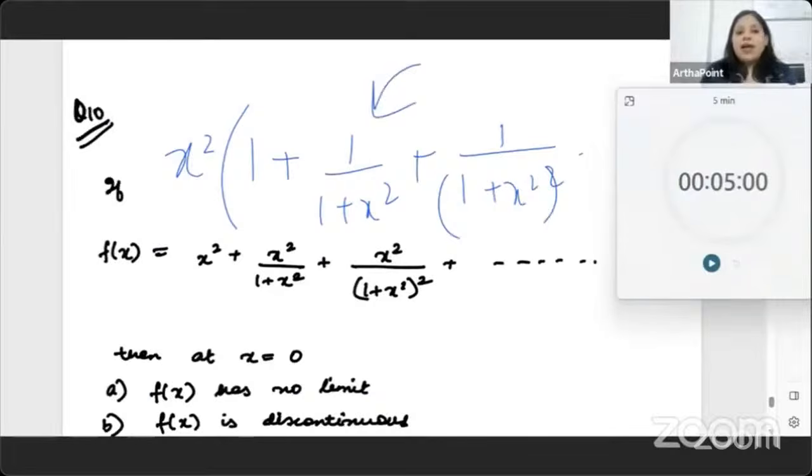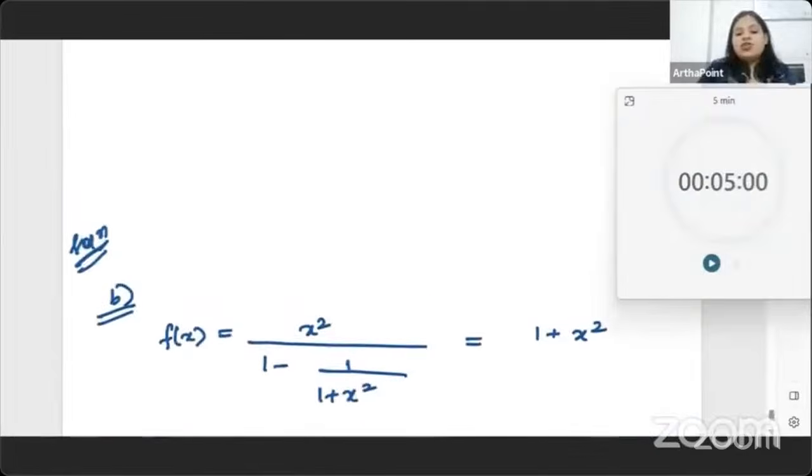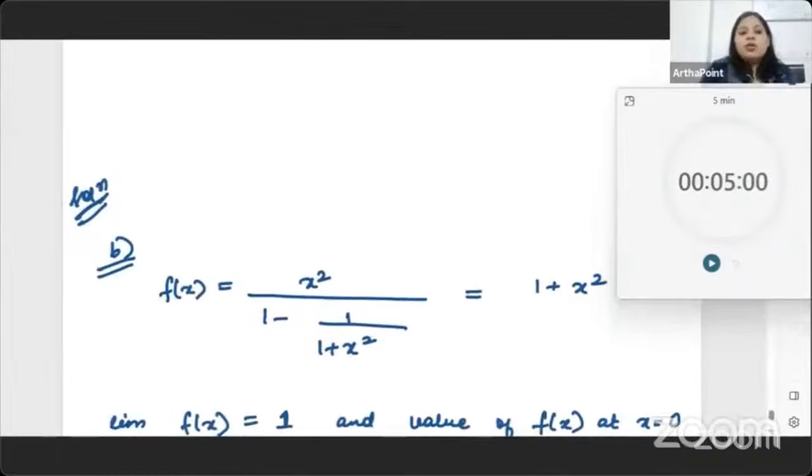So beta, if I apply the infinite GP formula to this, I know that my function will simply be a upon 1 minus r.